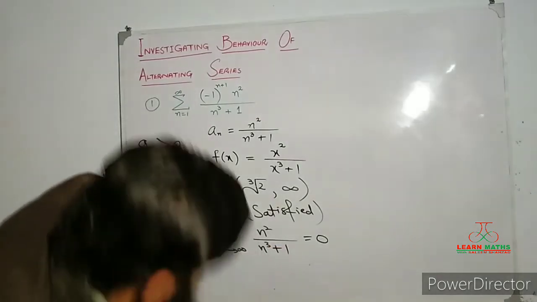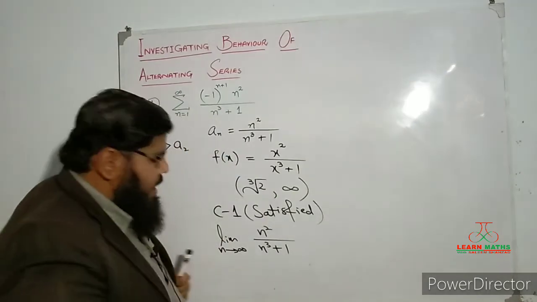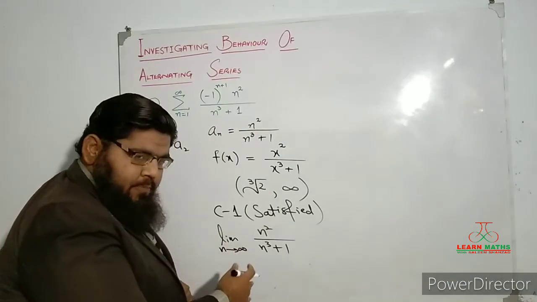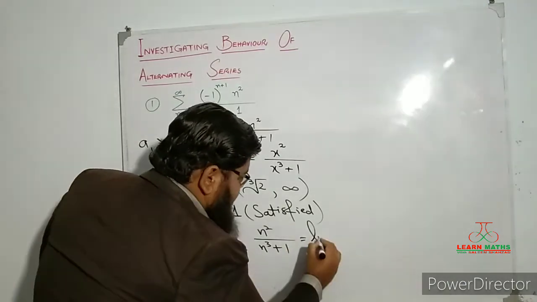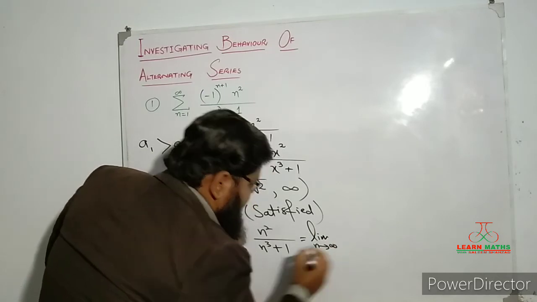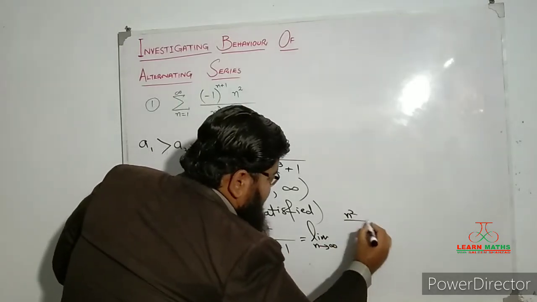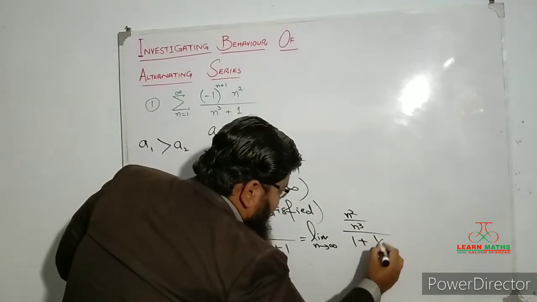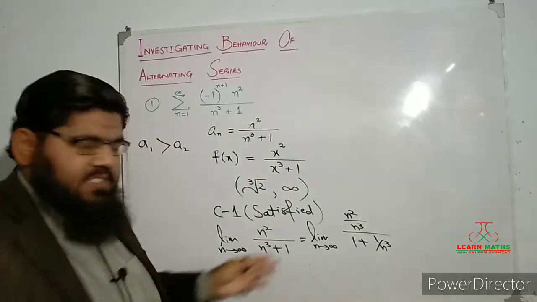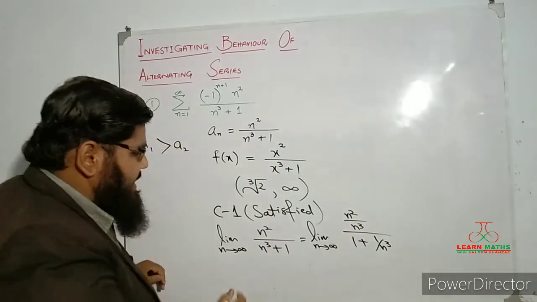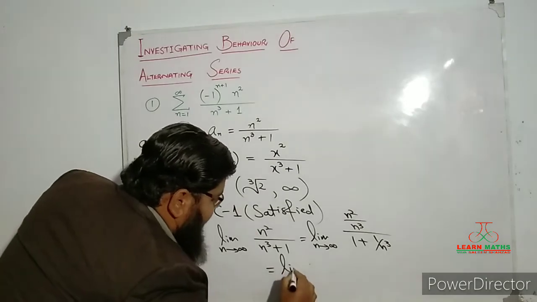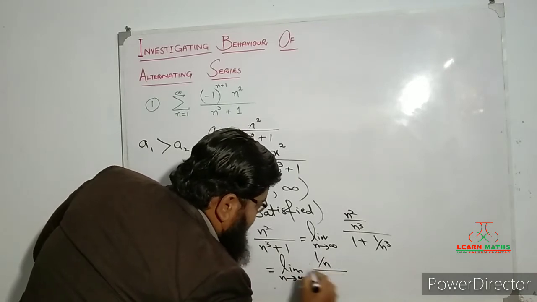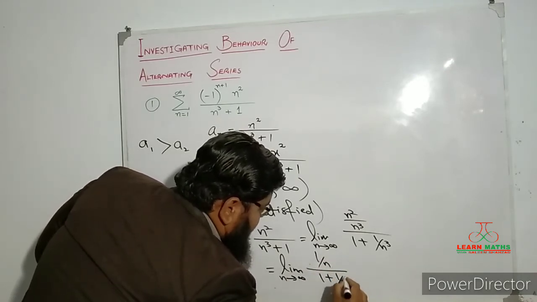For example, I would like you to divide the numerator as well as the denominator by n cube. So let's see how it will work. Limit n approaches infinity, dividing numerator by n cube as well as denominator by n cube, and then simply cancelling the terms, we will have limit n approaches infinity 1 over n over 1 plus 1 over n cube.